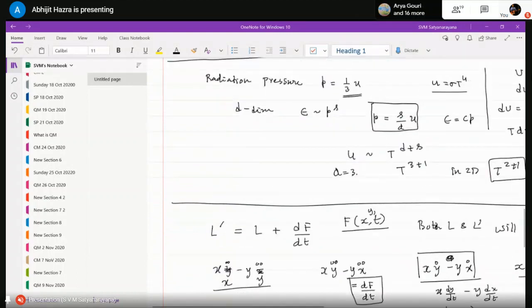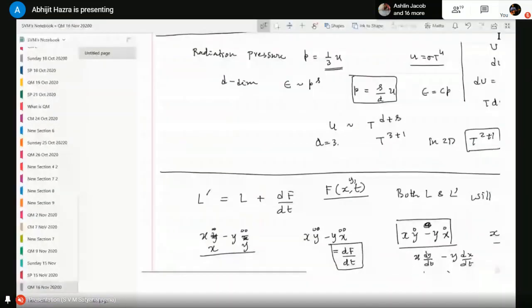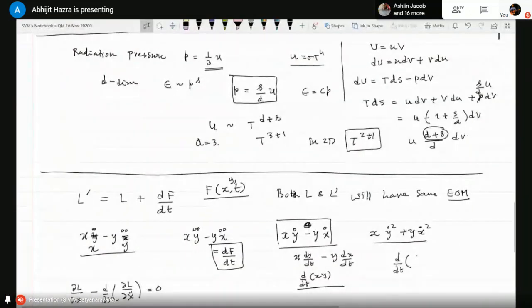Can you write the square? dou by dou x, 1/2 x square plus minus y square.